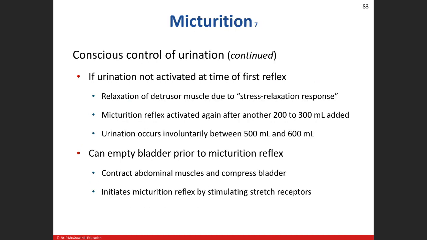So this is kind of what I was talking about when we were trying to quicken our pee time. If we're trying to urinate and it's not really working, this is when we can call into place the somatic nervous system and start to increase the intra-abdominal pressure.